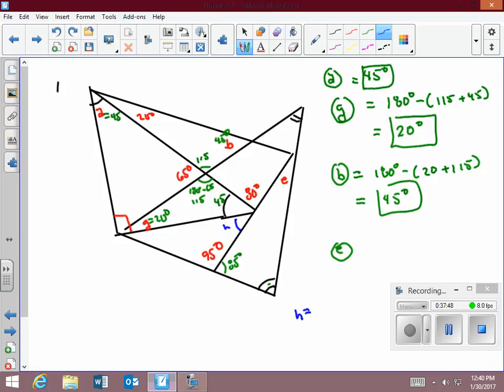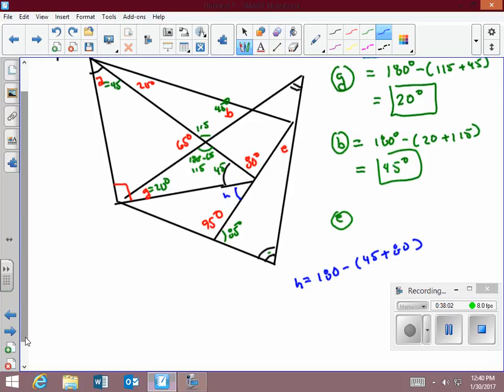Oh, is it? It's 180 minus 45 plus 80, right? Minus 80. Yes, you're right. 55. That's 55, isn't it? So we were supposed to get that one, huh? Yeah.